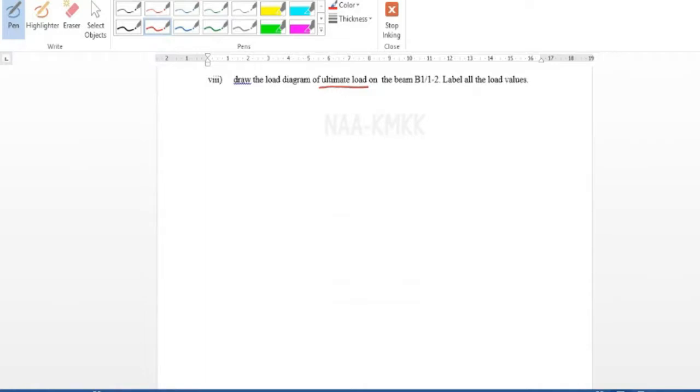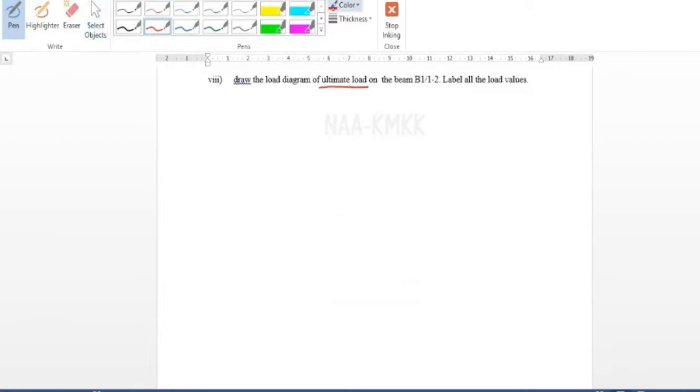We just sketch the load first, then we label the load values. When you have to label the load values, it means you have to calculate. Calculate what? Calculate the ultimate load, guys.